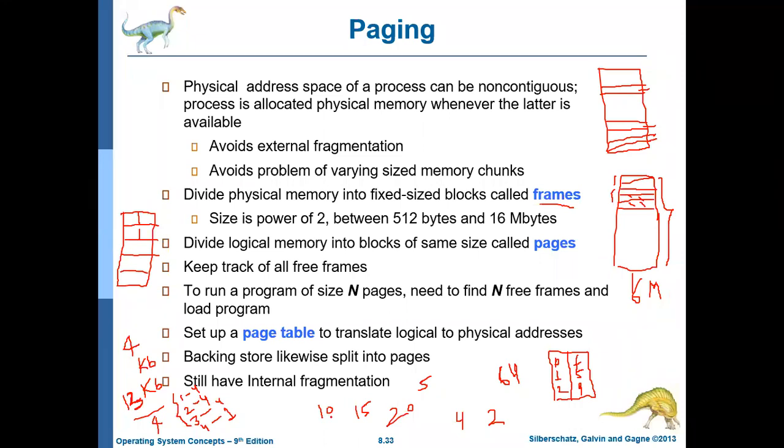Here we will use 2 pages and both will be completely filled. Here we will use 3 pages, and all 3 will be completely used. Here we will use 4 pages, all completely occupied. If we have 19, that is not a multiple of 5, then we have some amount of internal fragmentation.